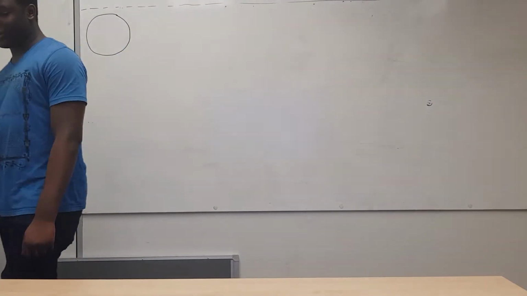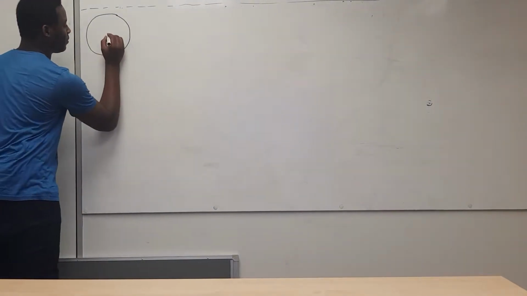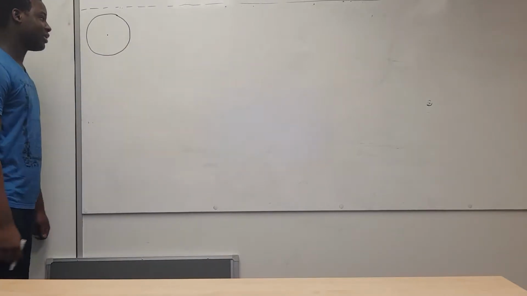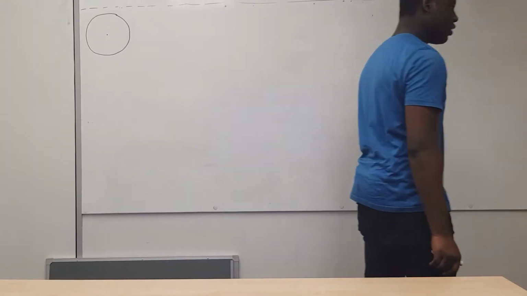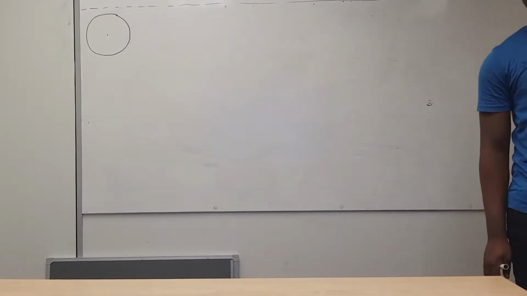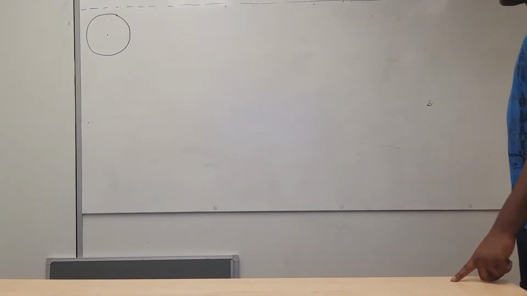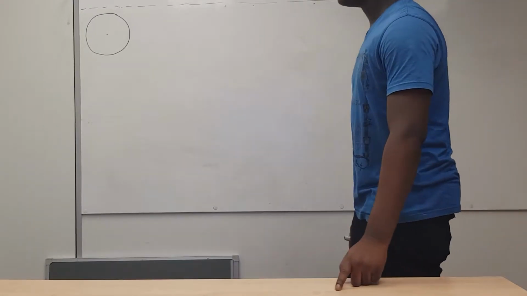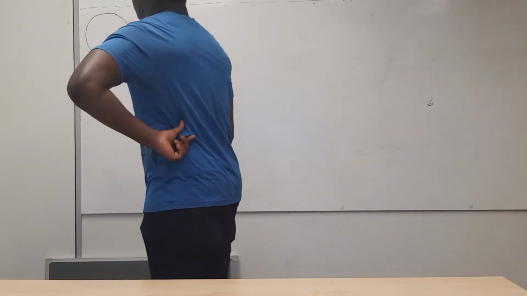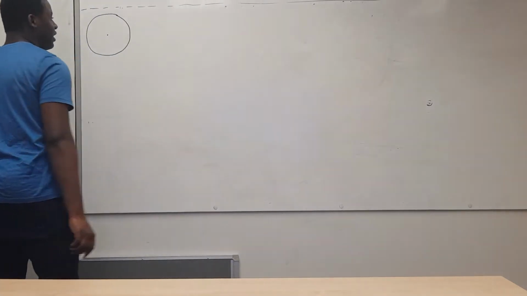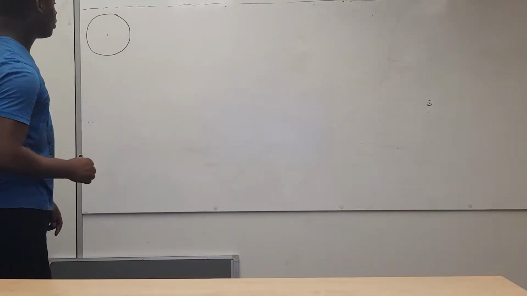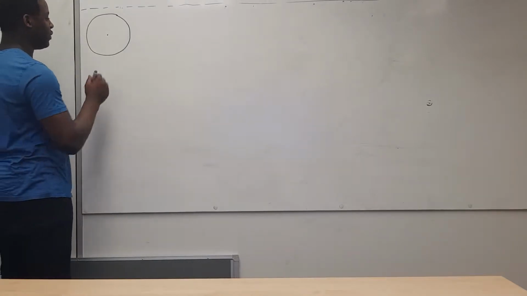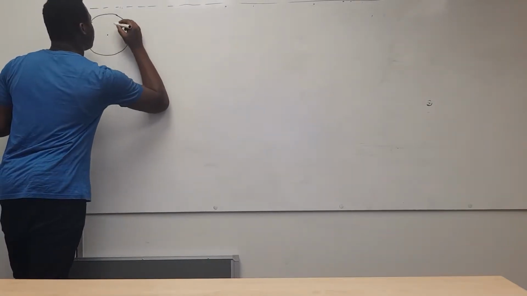In this circle, we know something. We know that there is a center of the circle. We also know that any line we draw from that point, the center of the circle, to any point on the circumference, all of those lines give you the length of the radius.